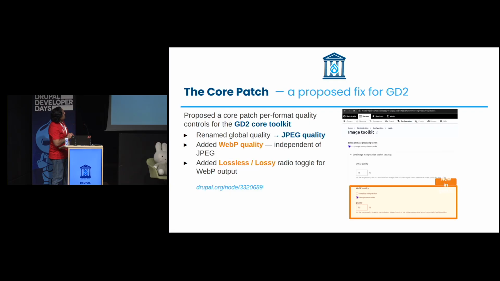To fix this problem, a couple of years ago I created a patch in Drupal core to introduce extra configuration that allows you to configure WebP quality. Even if you want to set it lossless, you can do that. The patch is still in progress and many people are working on it.